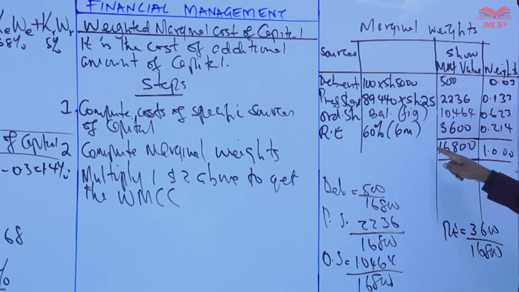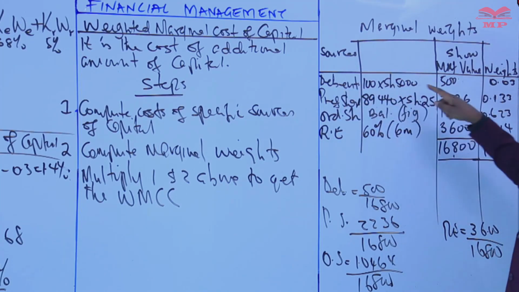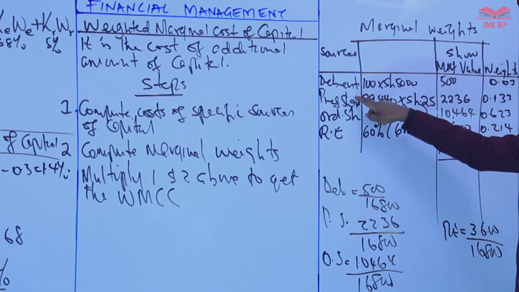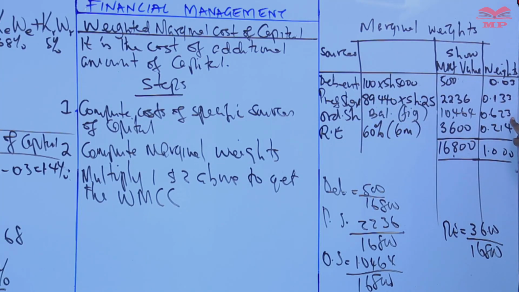If this is the total amount required, that tells you that out of this 16,800, 3% will be obtained from debentures. 13.3% will be obtained from preference shares. 62.3%, you can see that is more than half, and it is true because this is 10.4 million, this is 16.8.